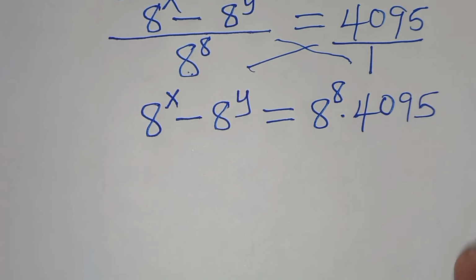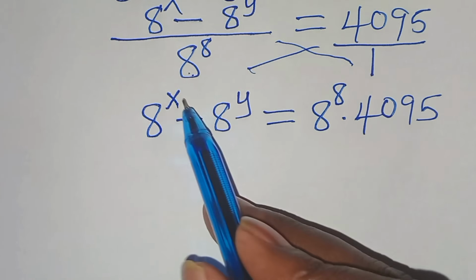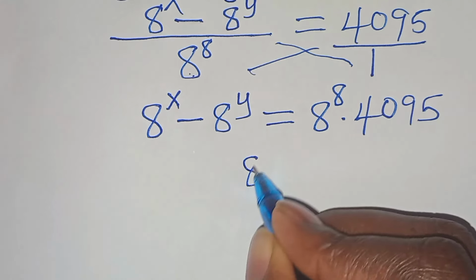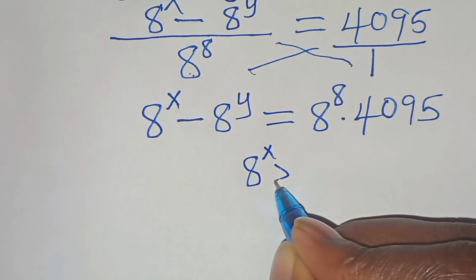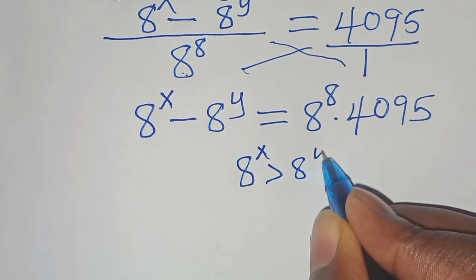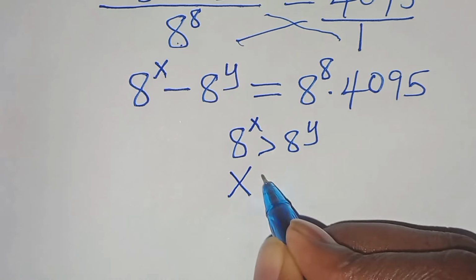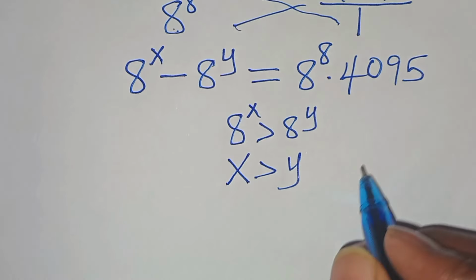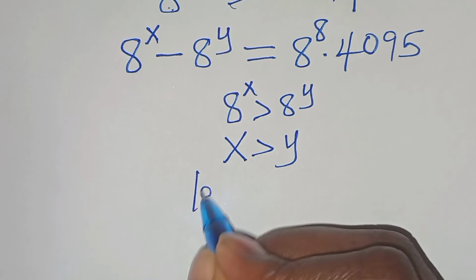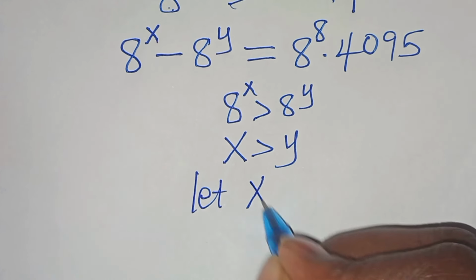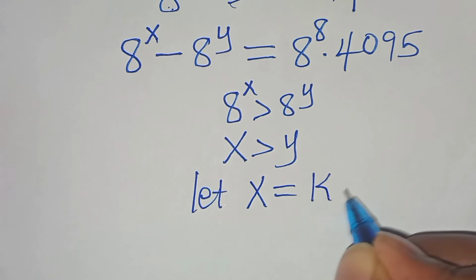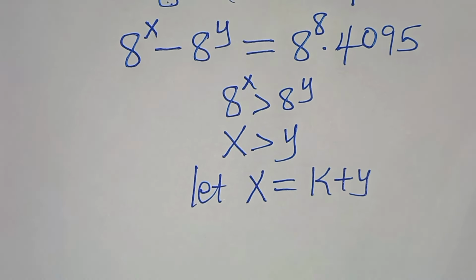The next step from here, we have that 8 to the power of x is greater than 8 to the power of y. This implies that x is greater than y. So we can let x be equal to k plus y.